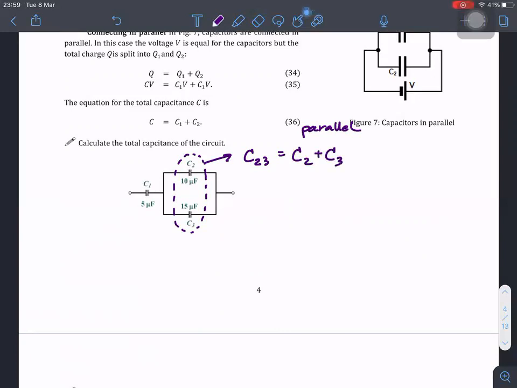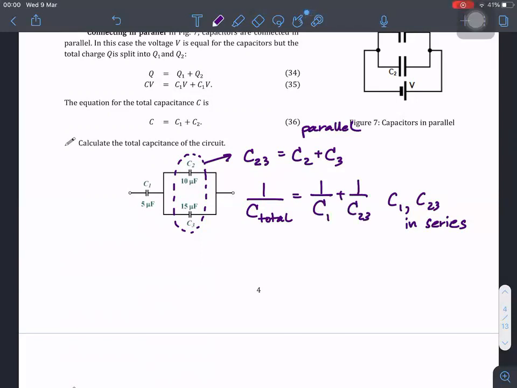And then for C total, you can see that C1 and C23 are in series, right? So when it is in series, 1 over C total should be 1 over C1 plus 1 over C23 that we found before. If you find out the values, you should find that C23 is 25.